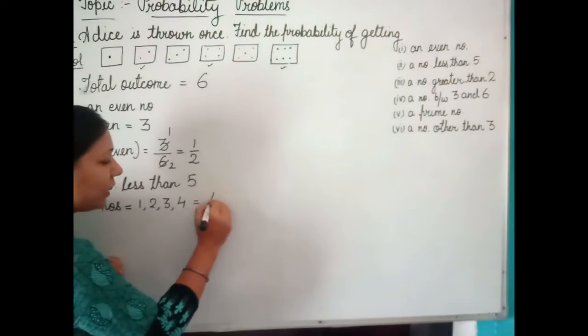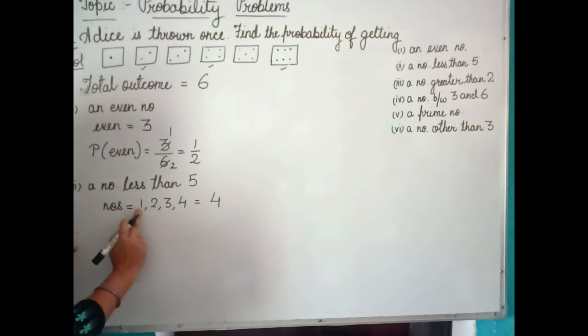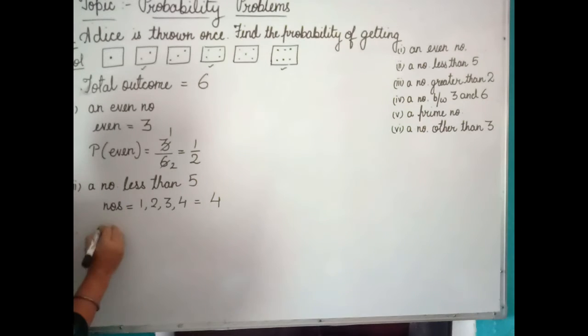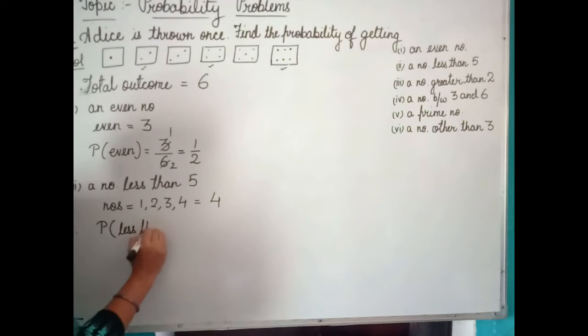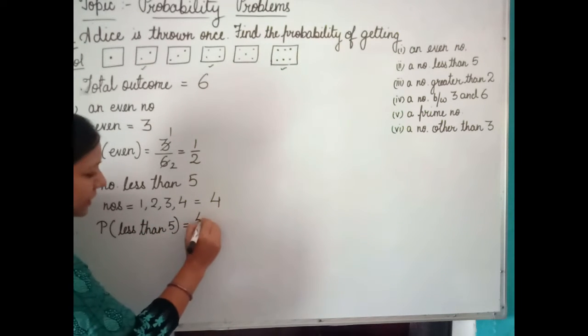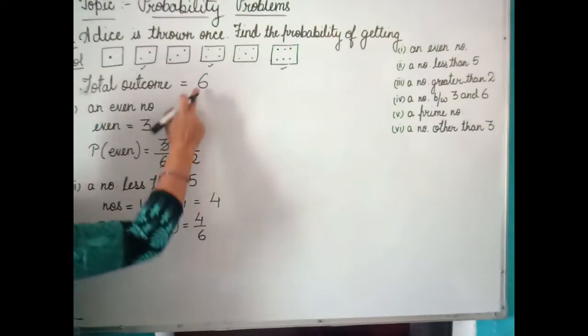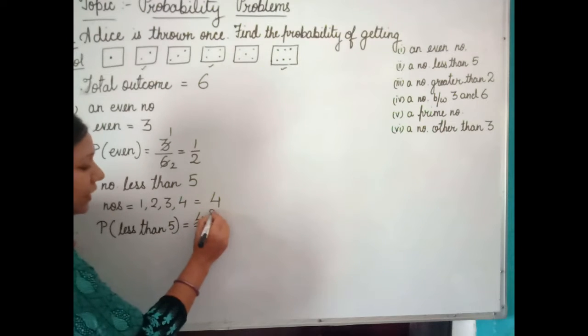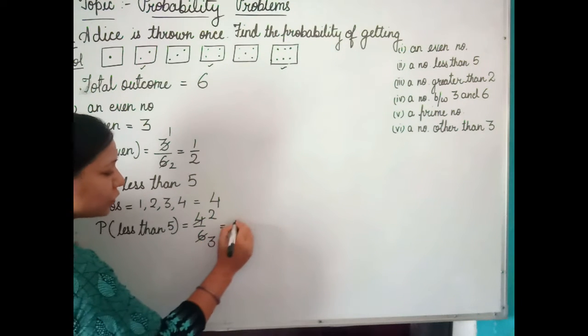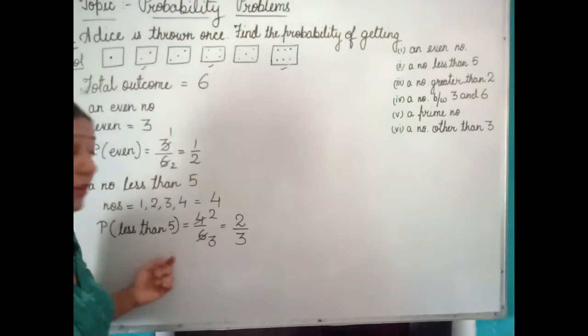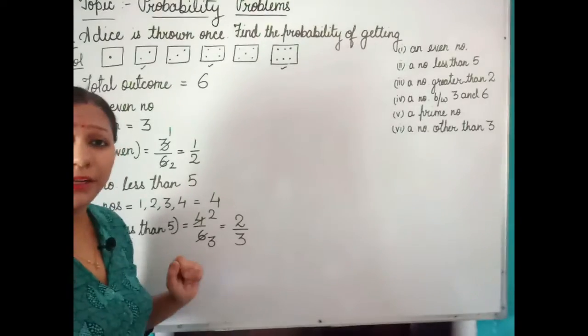So the number of favorable outcomes is 4. Now let's find the probability of less than 5. The probability of getting a number less than 5 is favorable outcomes 4 upon total outcomes 6. Simplifying, 2 twos are 4 and 2 threes are 6. So our probability for getting less than 5 is 2 upon 3.